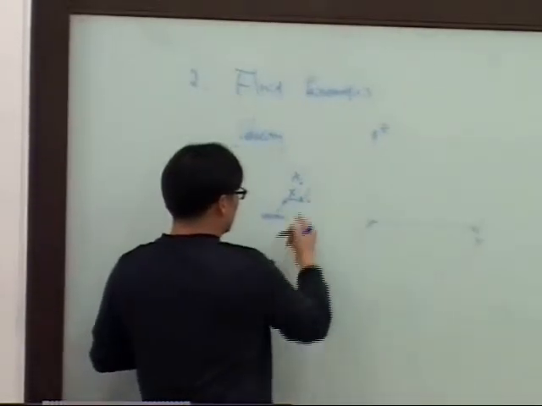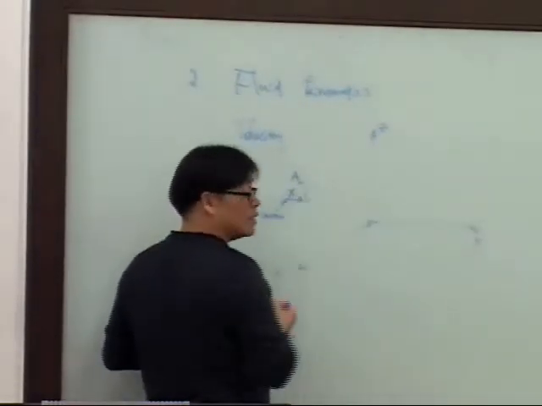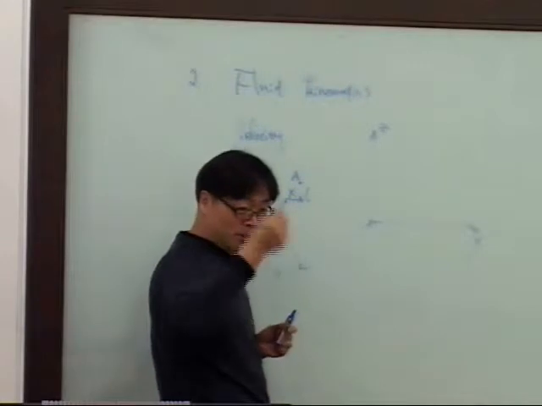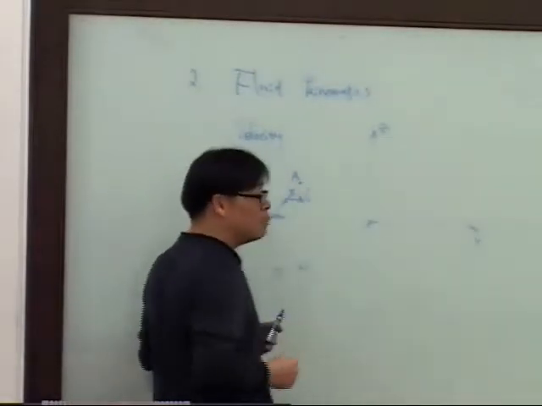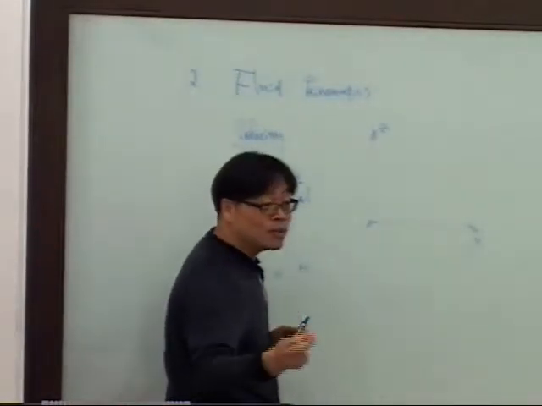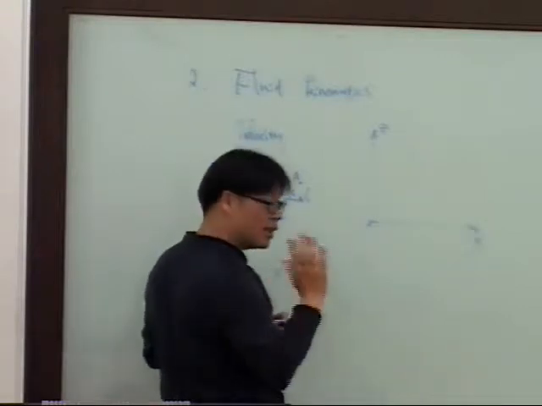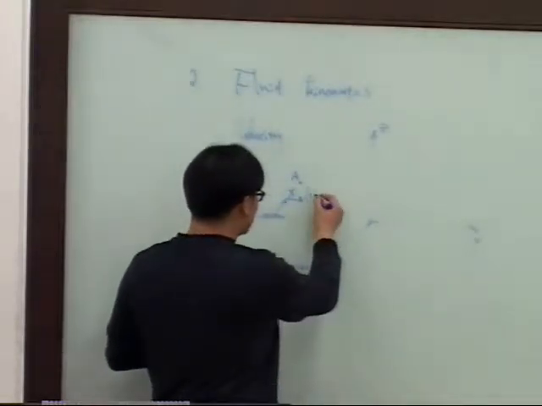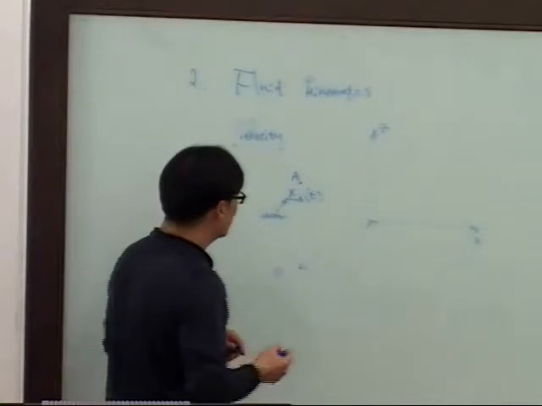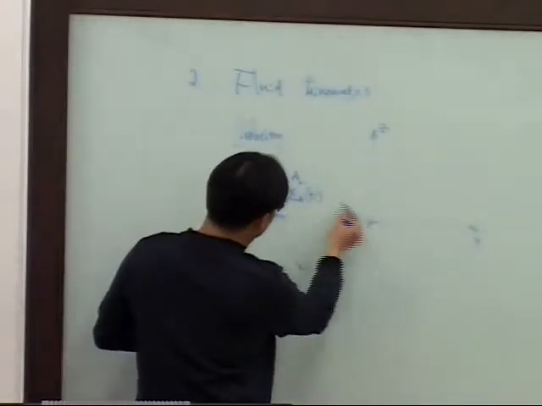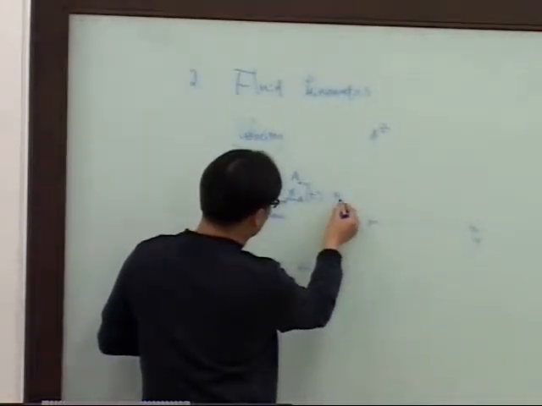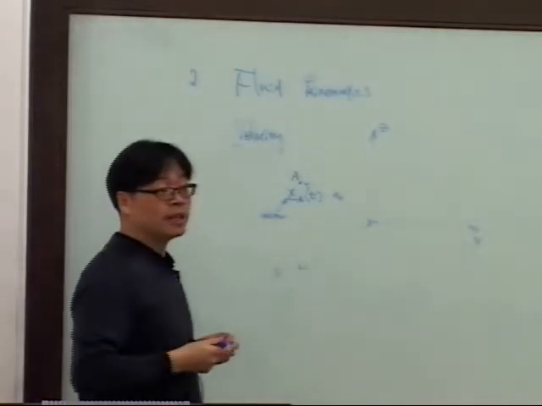And this guy, as I said, I'm interested in fluid motion. So this fluid particle moves in time. So at a certain time t, this guy is sitting here. Okay. So there is a position vector, correct?